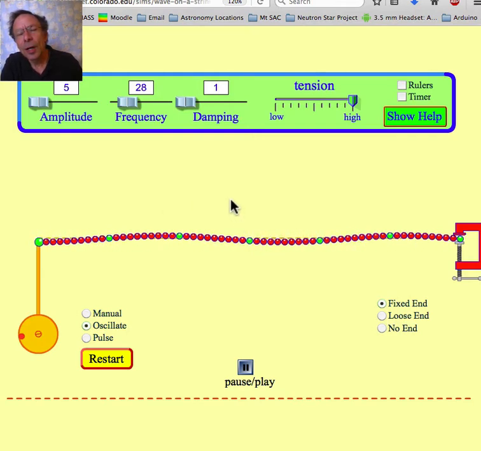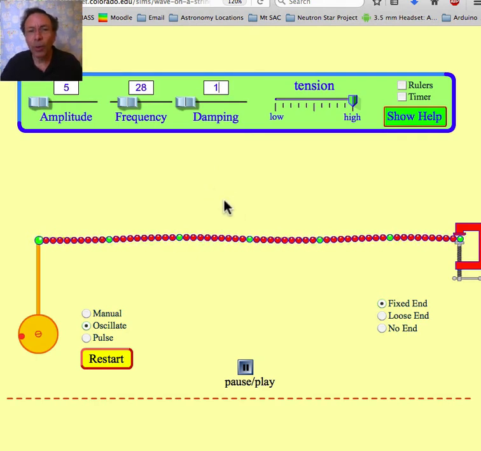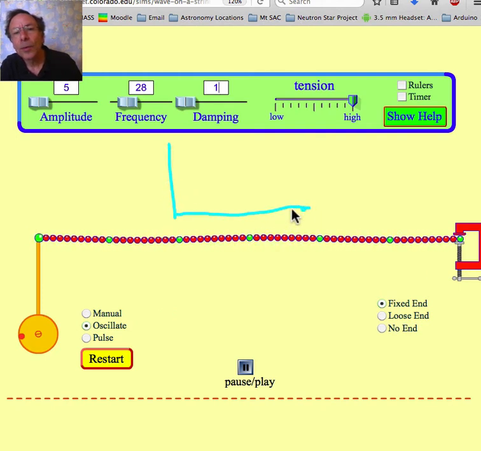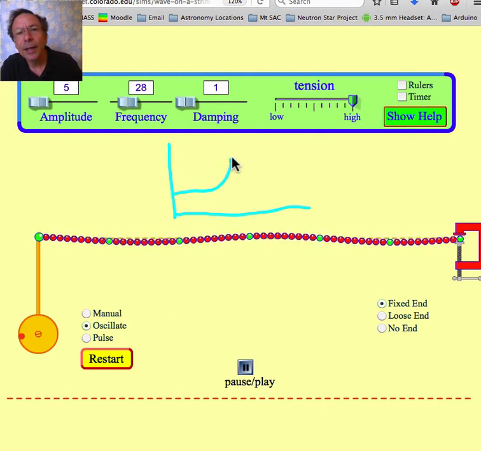In terms of the discussion of Q that we had before, there is a pattern here. This is the frequency of the thing that's making it go up and down.